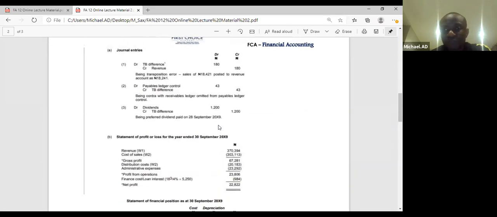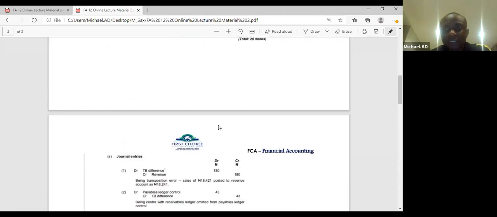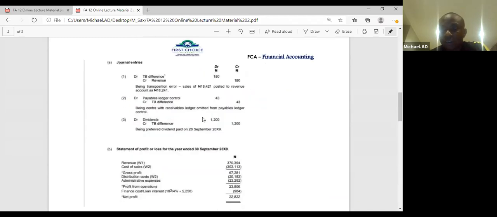Remember the depreciation that was removed when we were calculating our factory costs.